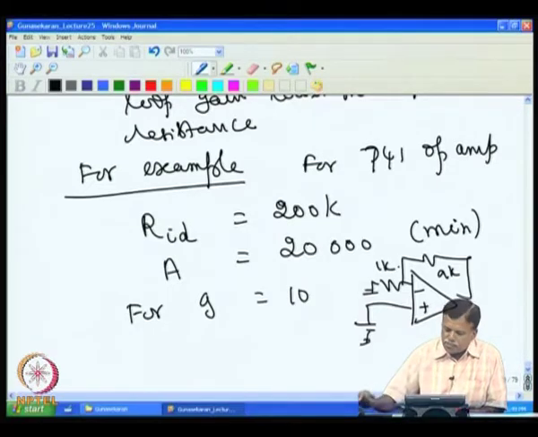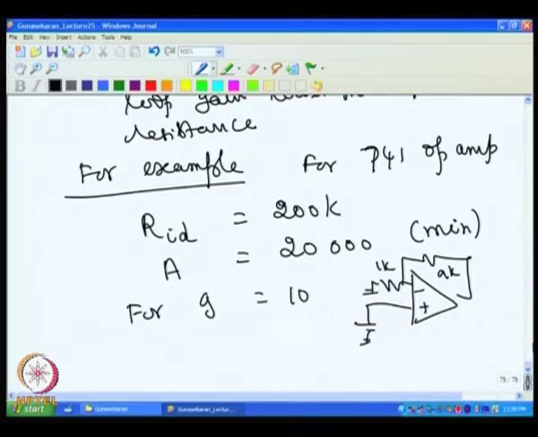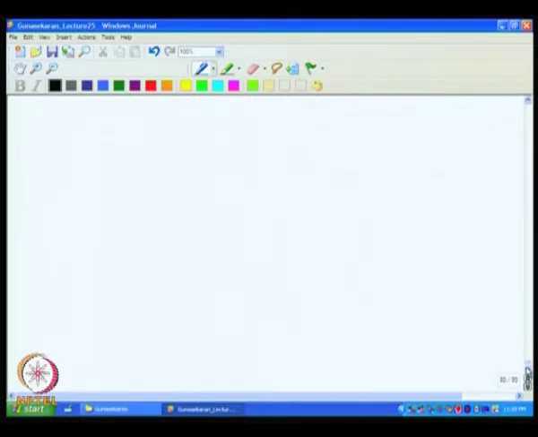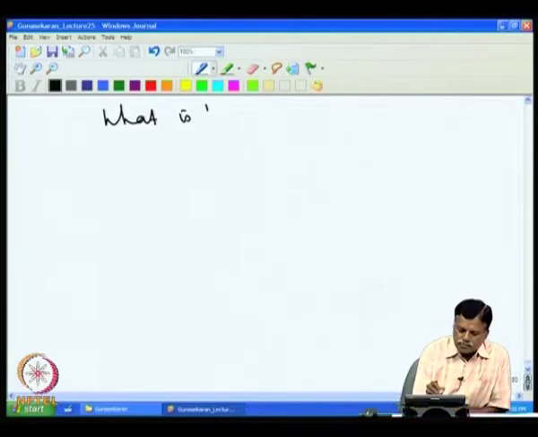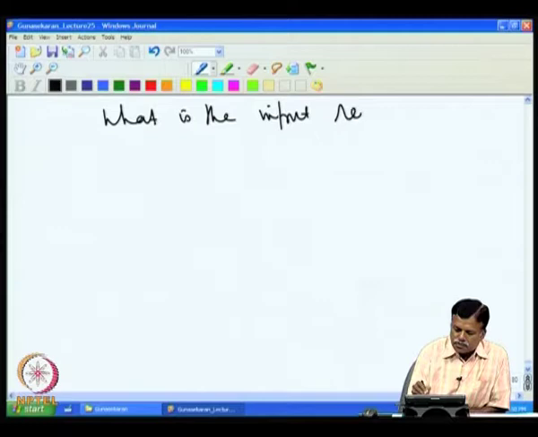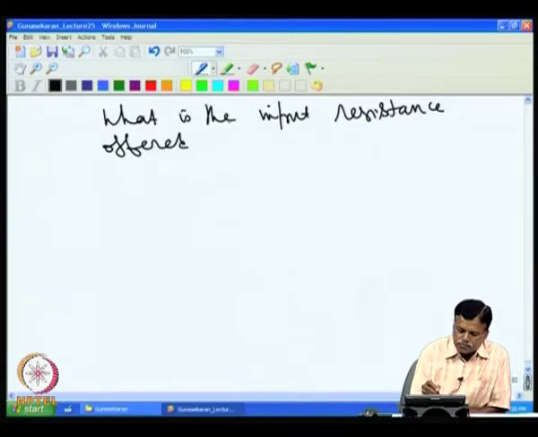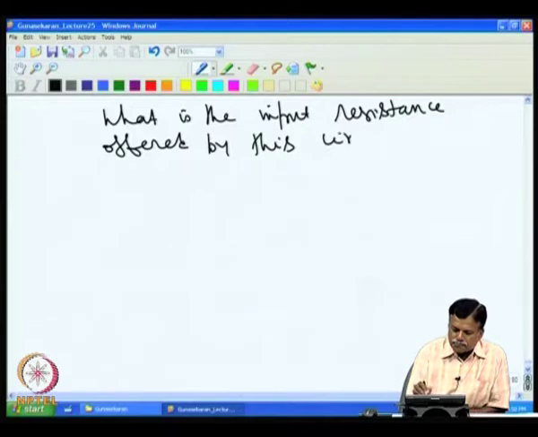Then what is the input resistance offered by this circuit?